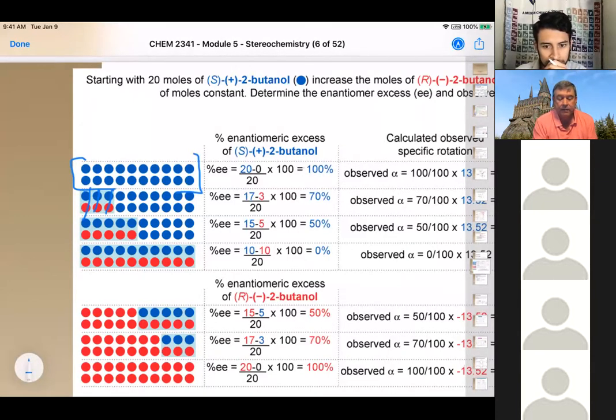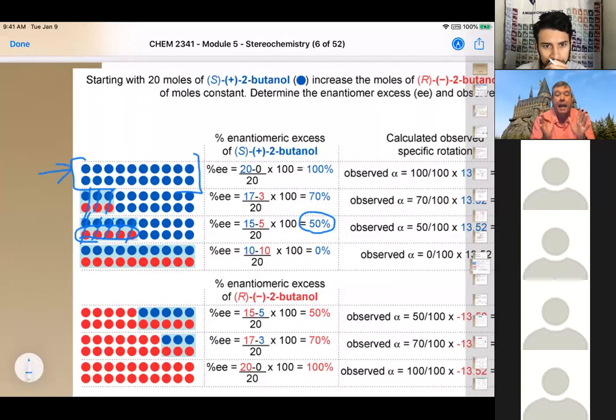Now, in the case where we have 25 mole percent here, that means we're gonna cancel out half of the S rotation molecules, which means only 10 of them are going to rotate light in the positive direction as opposed to 20 here.